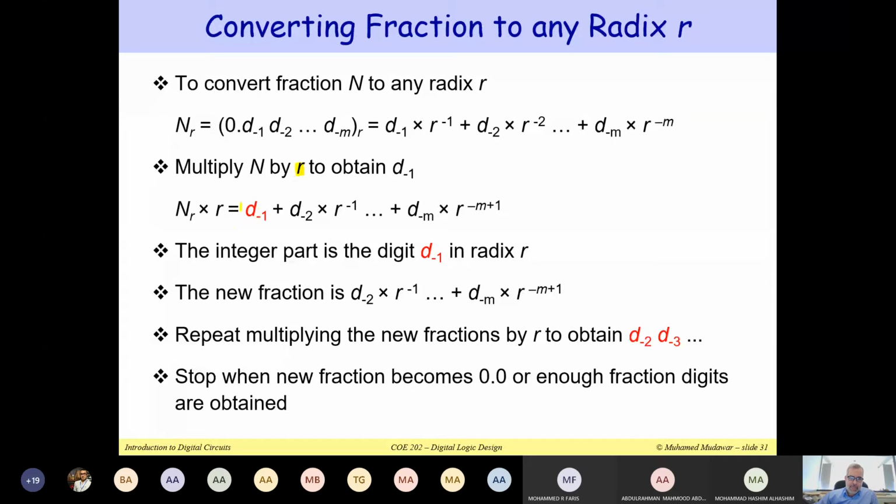So d minus 1 will be the first digit in radix R appearing in the fraction, and then we take the fractional part and repeat to obtain d minus 2, d minus 3, and so on. We stop when the new fraction becomes 0.0 or when we have sufficient fraction digits, because this procedure might not terminate.